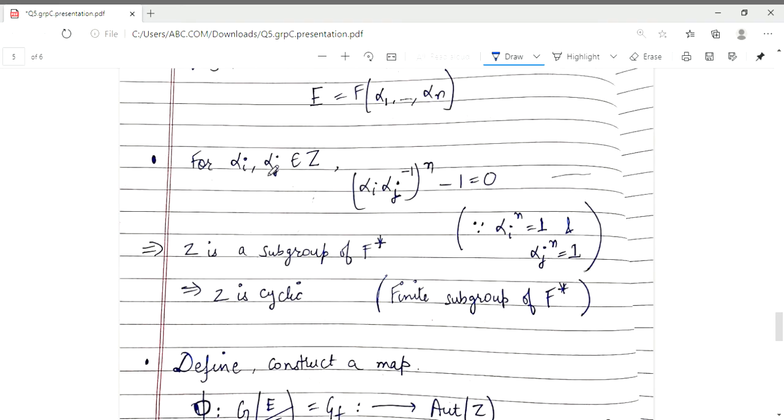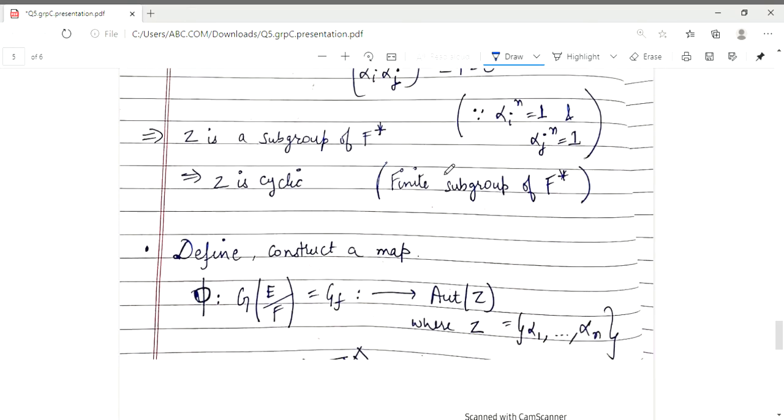For alpha i, alpha j belonging to Z, they are roots, so alpha i times alpha j inverse will also be a root, since its power n minus 1 is equal to 0. This would imply that Z is a subgroup, and which would imply that Z is cyclic because it is a finite subgroup.